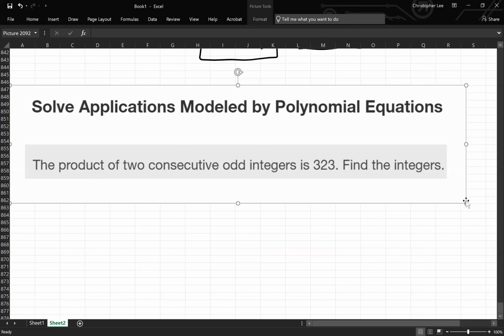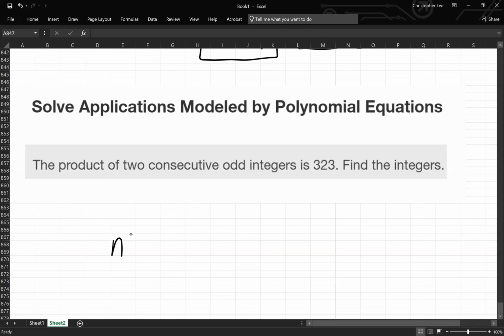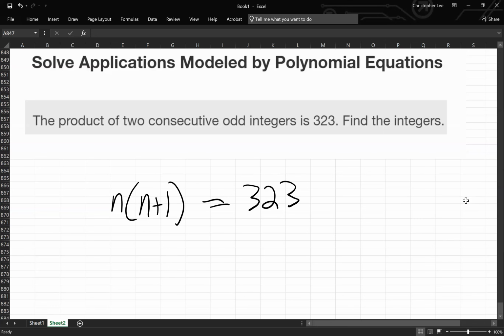That means that I'm gonna have two integers, right? Let's call them n and n plus one, right? They're consecutive. When I multiply them together, I get 323. I want to figure out what those two integers are. So easy, right?